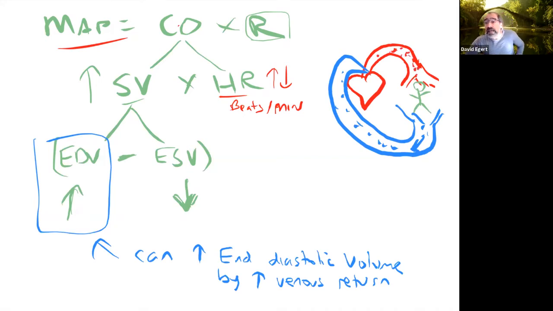So if we look at where the blood is distributed in the cardiovascular system, there's a lot more in the veins, slowly making their way back to the heart, and less in the arterial side. However, there is smooth muscle in the veins. The veins can compress and can increase the amount of blood that's actually returning to the heart, shifting more of the volume onto the arterial side versus the venous side. That's what we mean by increased venous return.